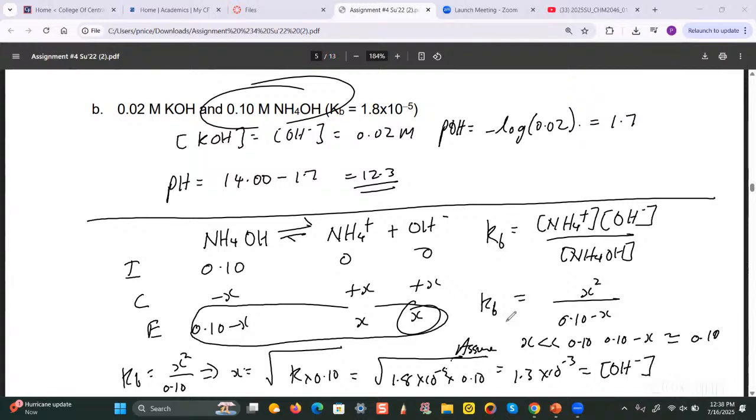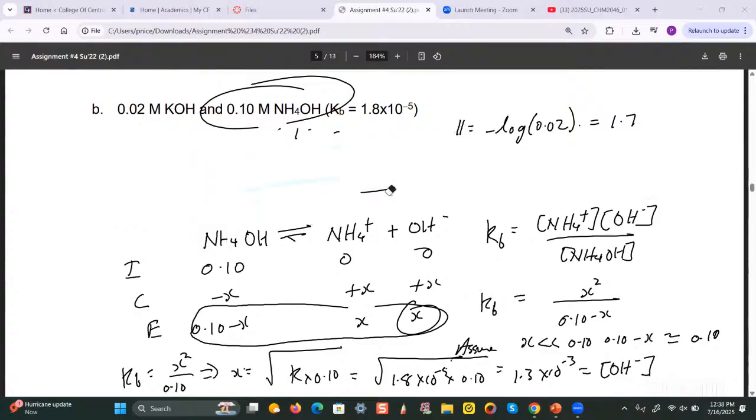So what's the next step? I'm going to need some more space. Let me erase here. What will be the next step? Now that we have determined the concentration of OH minus, the next step would be percent dissociation. How do we calculate the percent dissociation in this case?